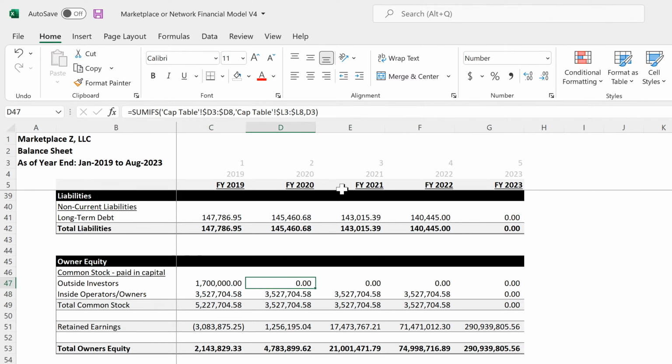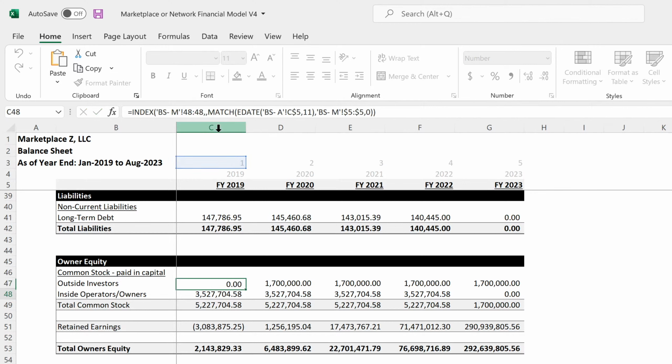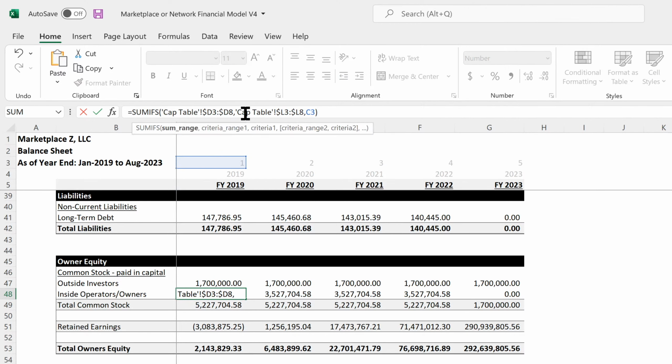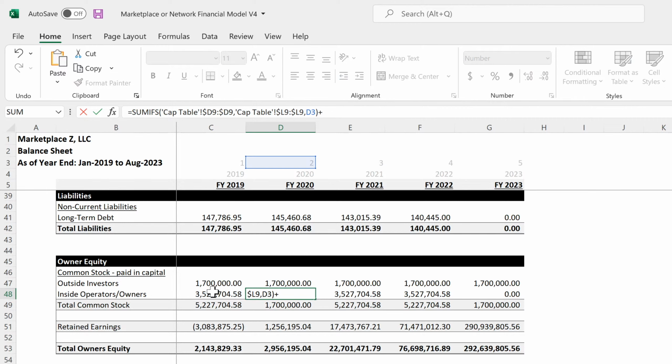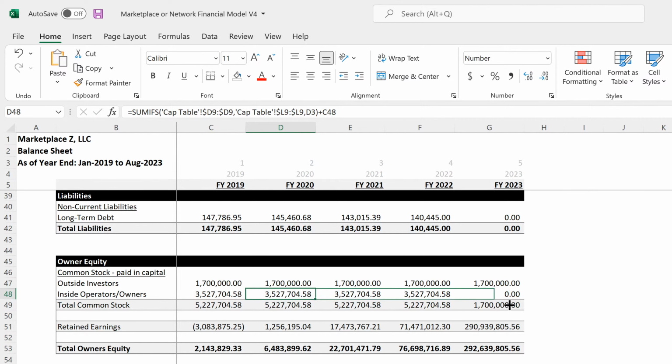And then plus anything in the previous year. So this will always be, it'll never go down. And this can do the same thing, but just take 9. Our balance sheet's just a cumulative sheet.